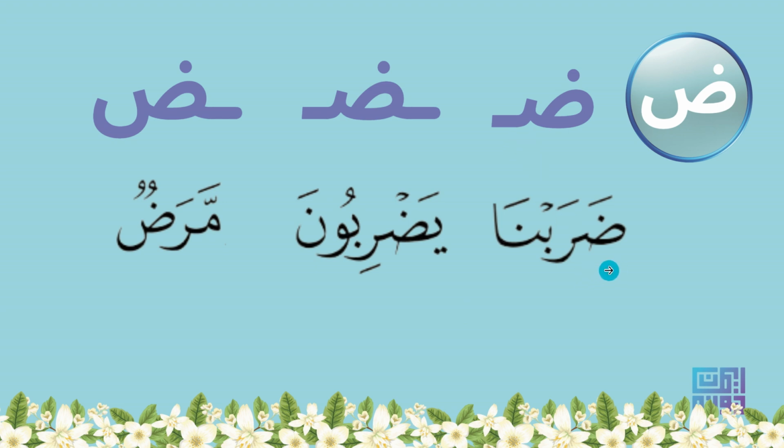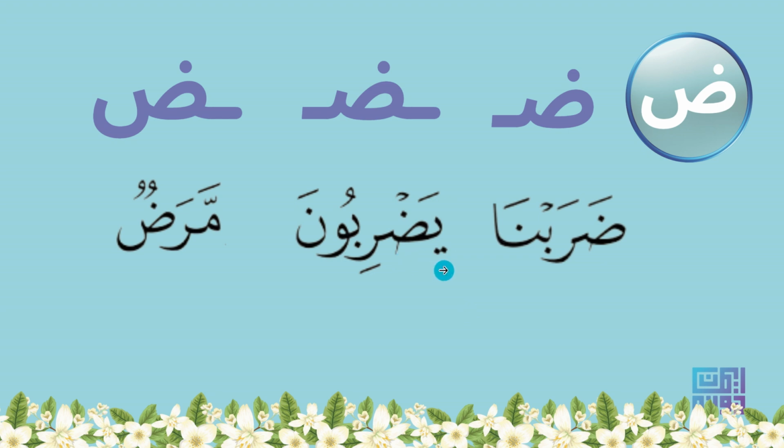So when it comes at the beginning of the word, we can see the dad, and then the little tooth of the dad, and then comes the letter ra. In the middle, it looks exactly the same, but it connects because it allows the connection on both sides.